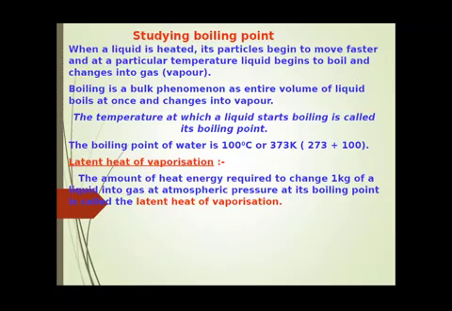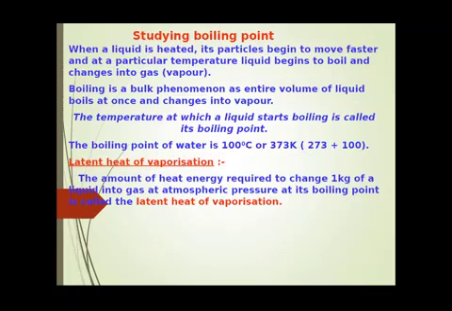At this temperature, liquid changes to gas. Thus, the temperature at which liquid starts boiling at atmospheric pressure is known as its boiling point. In case of water, the boiling point is 100 degrees centigrade or 373 Kelvin.